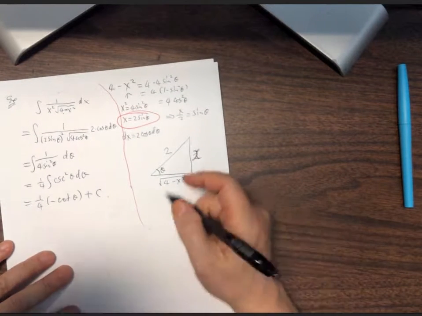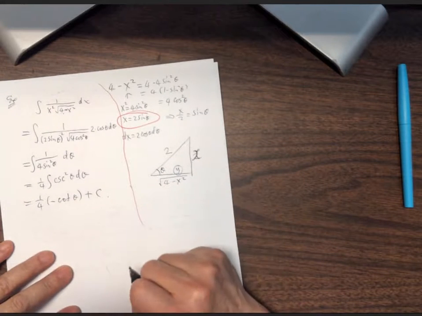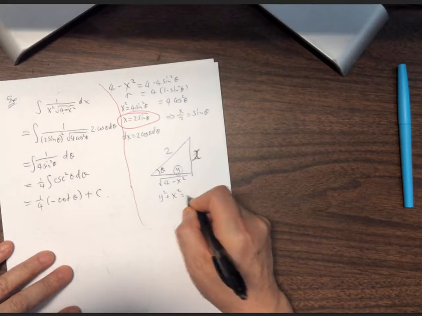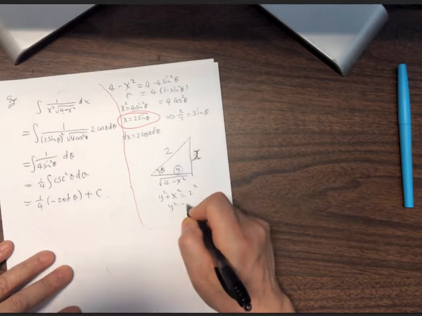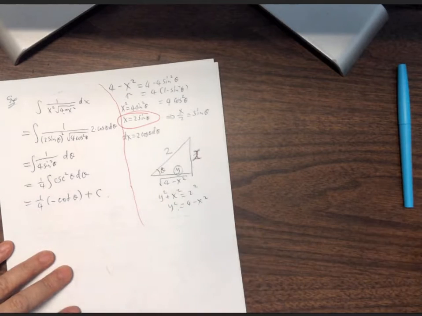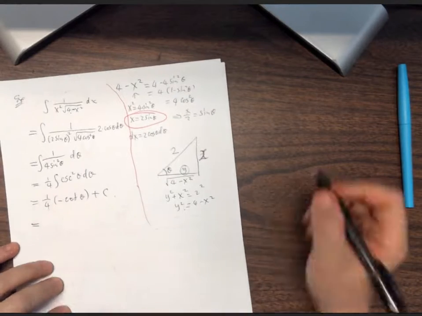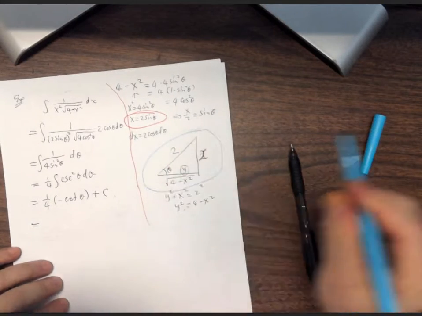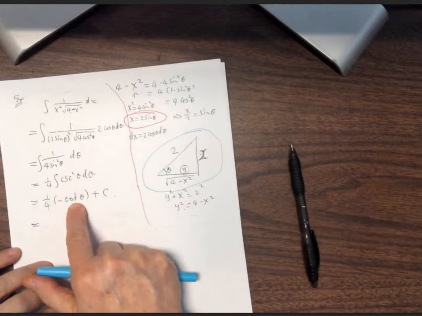Just to explain this a little bit. Let's assume this to be y. Then the Pythagorean theorem says y squared plus x squared equals 2 squared. So you move x squared over and take a square root, and y equals the radical there. Okay, so for the triangle, what do we want? We want cotangent.